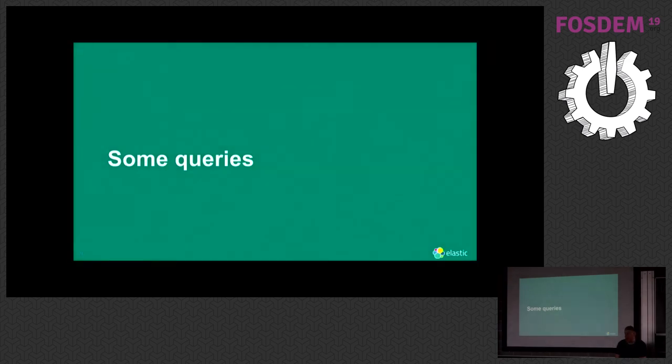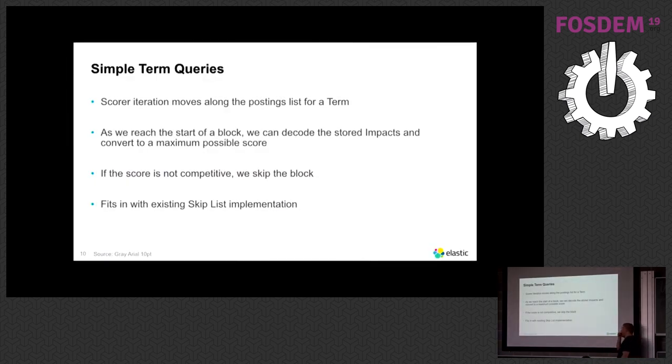So let's have a look at some individual queries and see how this new scoring mechanism impacts those. So a term query. Term query is the absolute basic query in Lucene, and you have these two methods on the scorer. You have the iterator, and the iterator just basically goes over the postings list for a term.